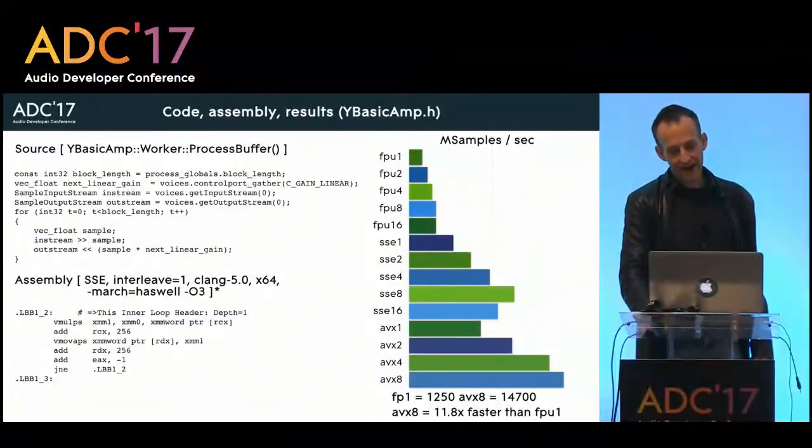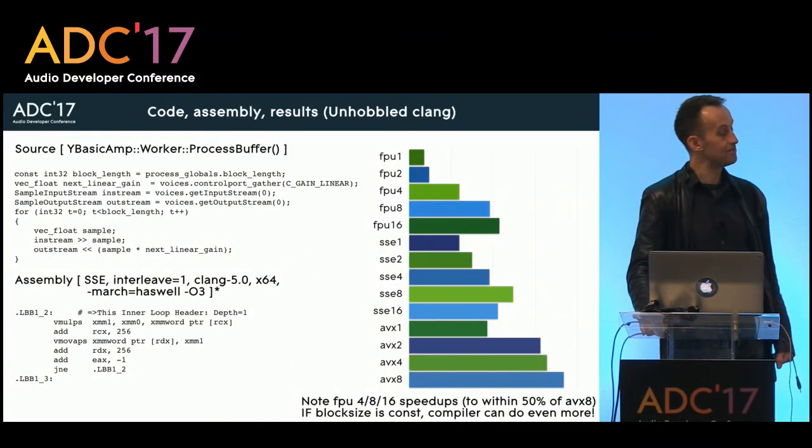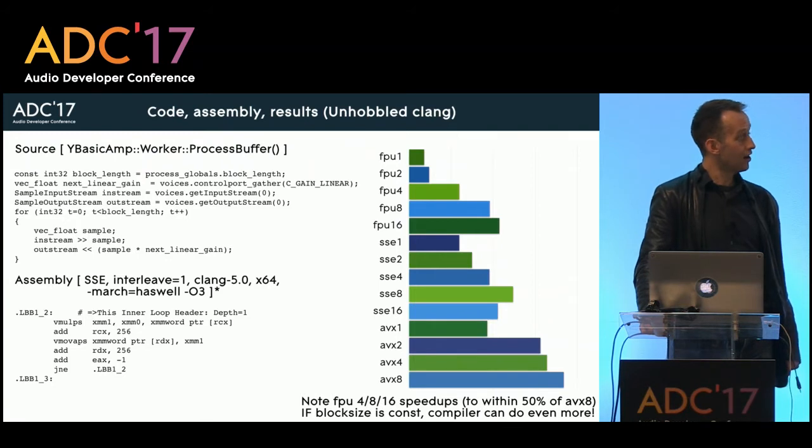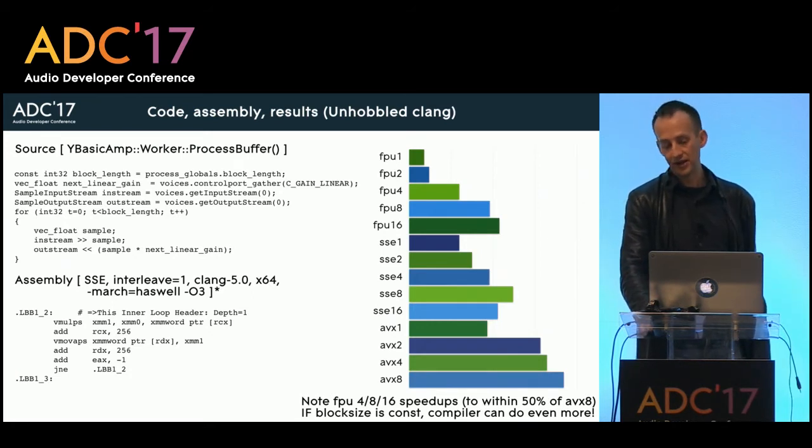But I actually cheated a little bit here, and I hobbled the compiler, because modern compilers are very smart, and actually the latest Clang compiler will do a pretty good job of auto-vectorizing that very trivial example code.